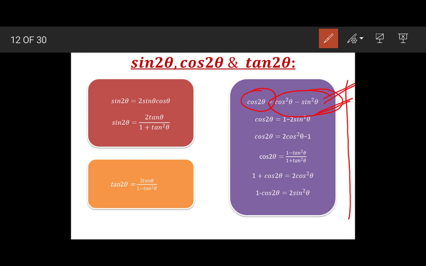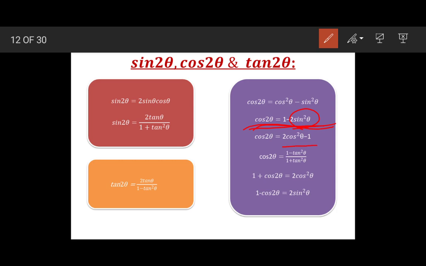If I want to convert cos 2 theta only in sin theta, I don't want the cos theta term, I just want the sin theta terms only, then I apply the formula cos 2 theta is equal to 1 minus 2 sin square theta. Suppose I am interested only in cos theta, I don't want the sin theta term.